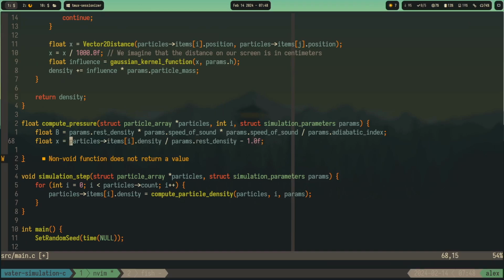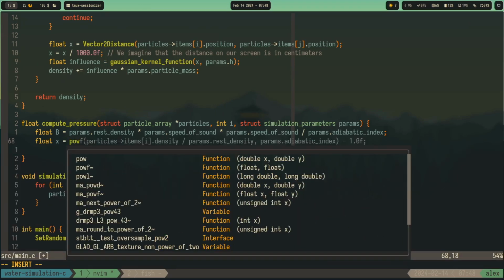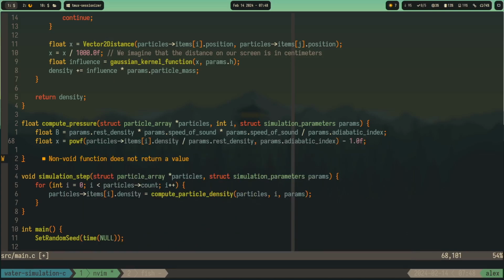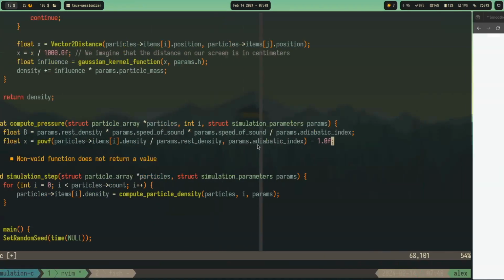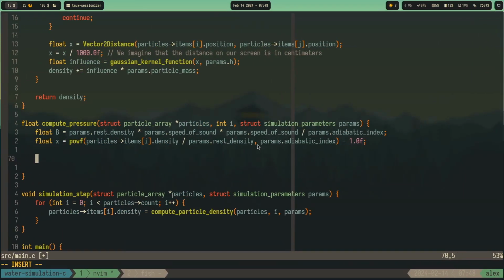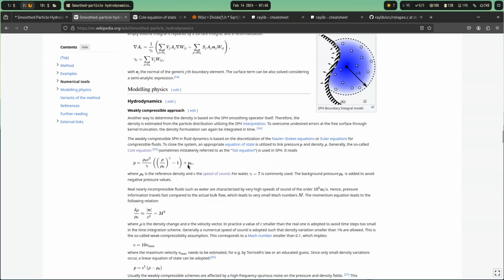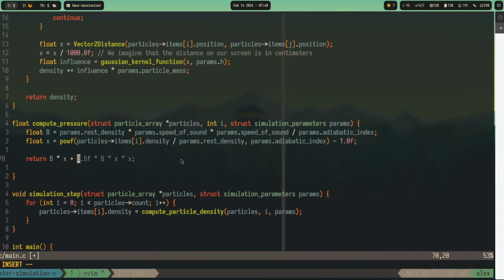Let's do that to get the thing from inside. But here it also adds some P0, which is background pressure.